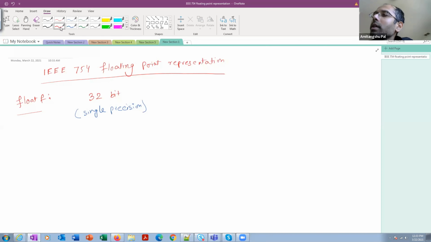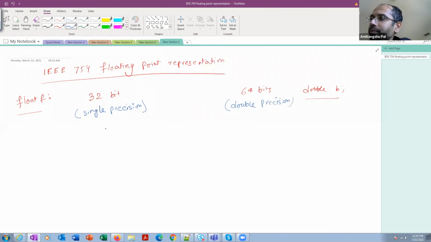On the contrary, whenever you are writing double of say d, that means 64 bits are going to be allocated in the memory. Okay. So this is called double precision. So we're going to learn both the 32-bit representation of floating point numbers as well as the 64-bit representation. Clear?